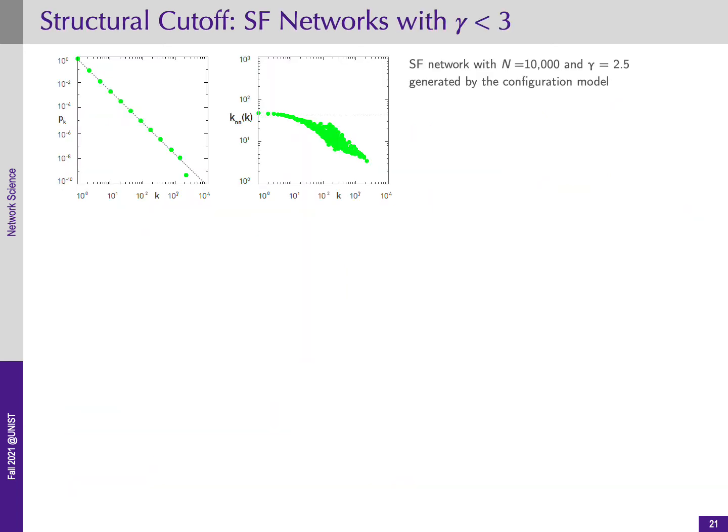Actually, if we construct a scale-free network where the network size is 10,000 and the degree exponent is 2.5, which is smaller than 3, then you can observe this k_nn(k) behaves like disassortative networks. As you see here on the right panel, the functional form of k_nn(k) shows more or less a monotonically decreasing function of k. All right?